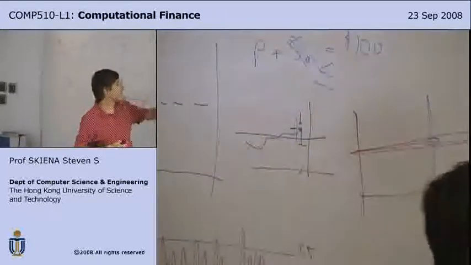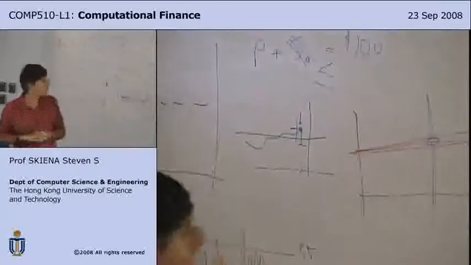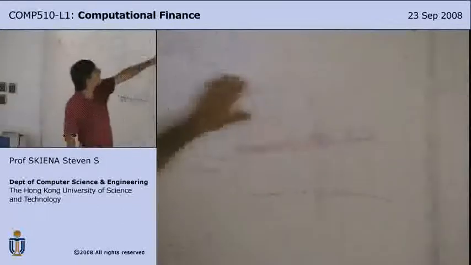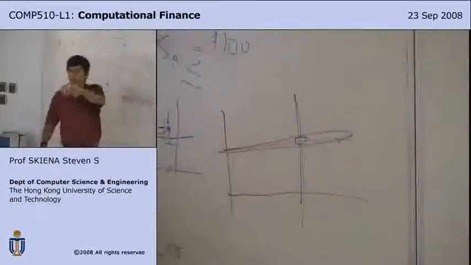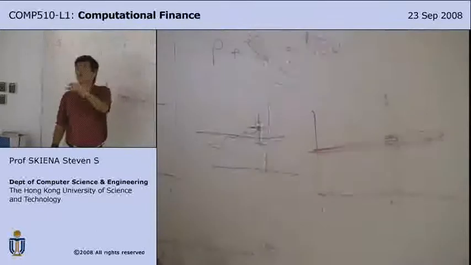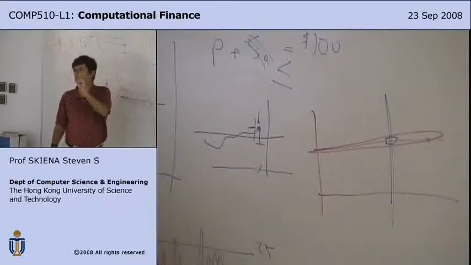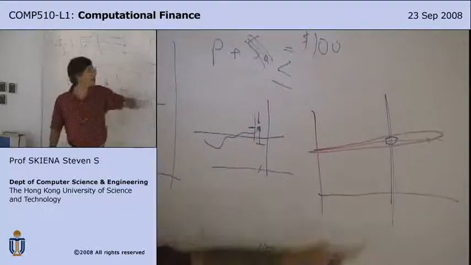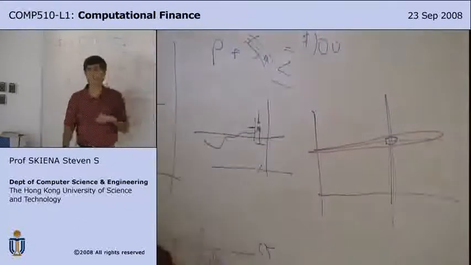The other thing to note about a European option is that you don't actually get that $100 until the expiration date. You can only sell the thing and cash it in on the day you're allowed to sell.